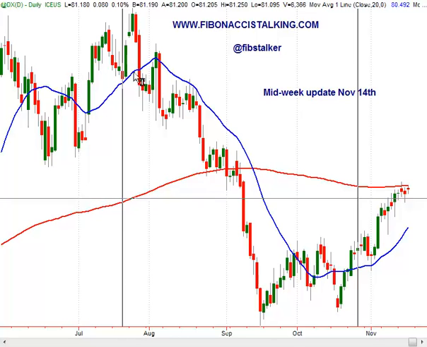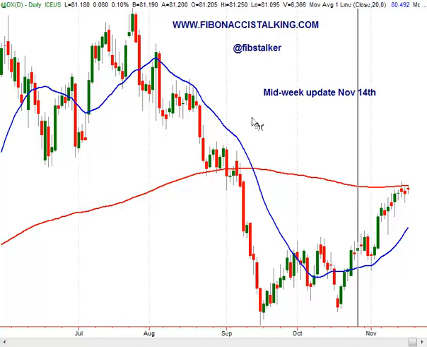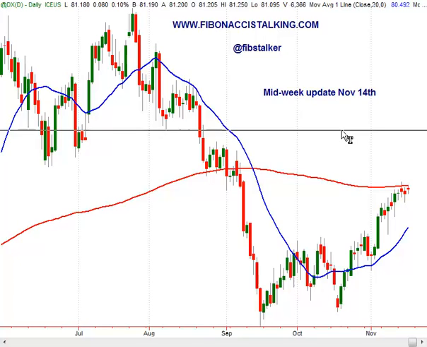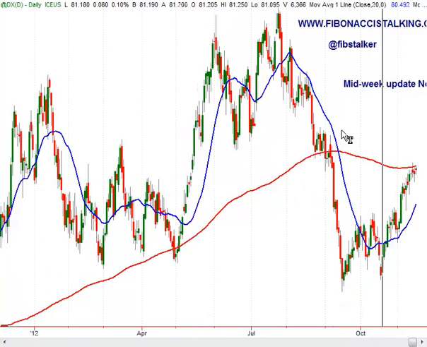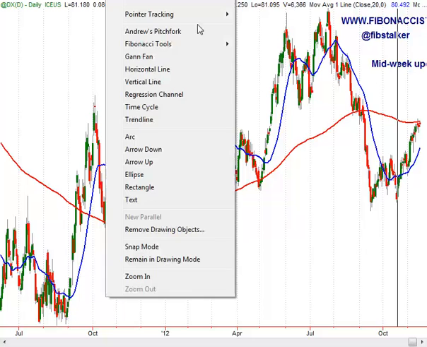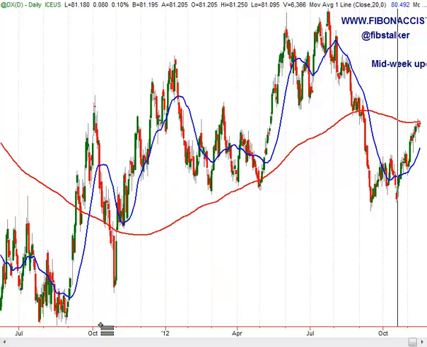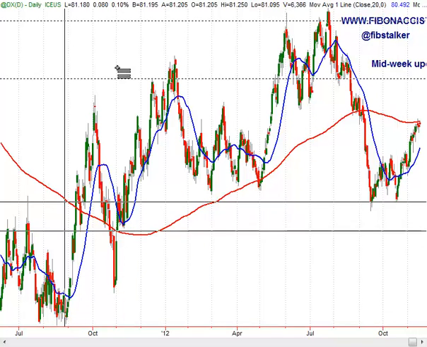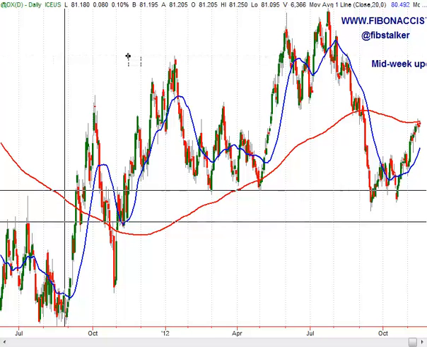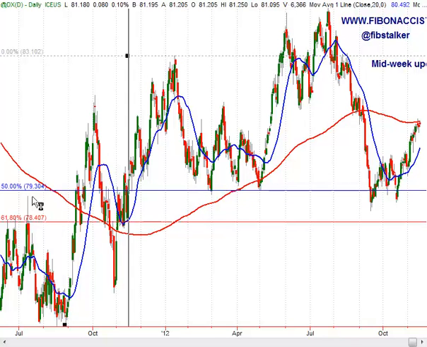What you see on the screen is the daily chart of the US dollar index continuous contract aligned to the December expiration. You will remember from the weekly review and the midweek update of last week that the dollar index had this measured move at 79.30 area.